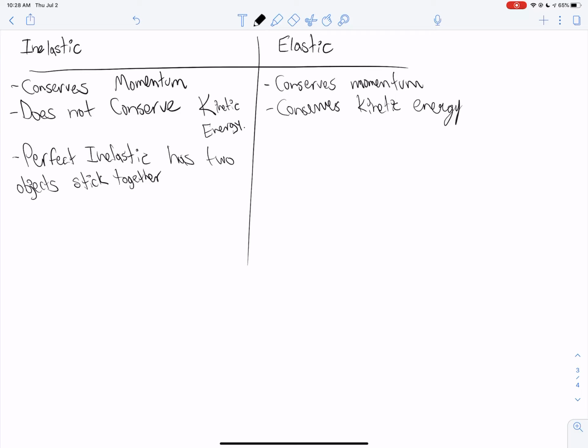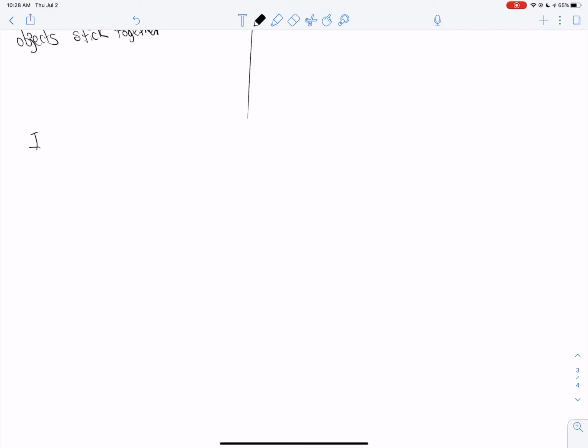So, the problems that you're going to be seeing for inelastic collision are going to be the type of problems where you have the objects stick together. And the equation for that is going to be this right here. It's always about first writing the left side of the equation, then the right side. The left side is going to be in terms of the actions before the collision occurred.